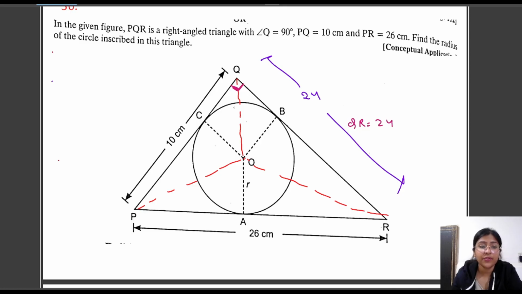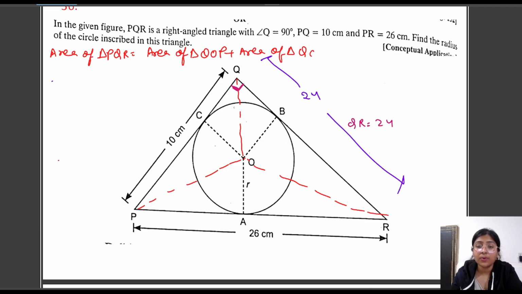Yes or no? Okay, so we will write area of triangle PQR is equal to area of triangle QOP plus area of triangle QOR plus area of triangle POR.